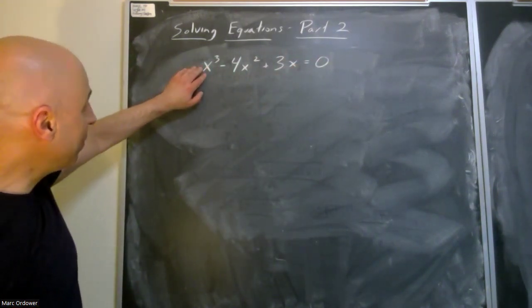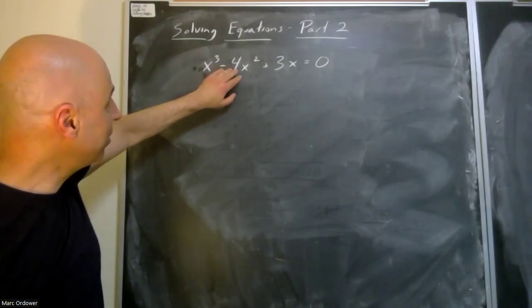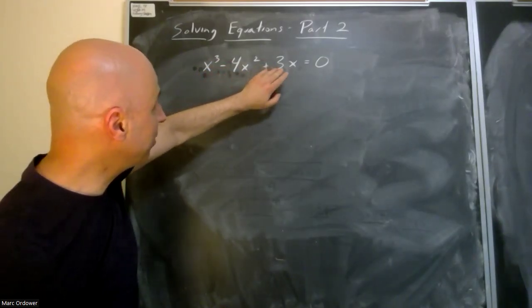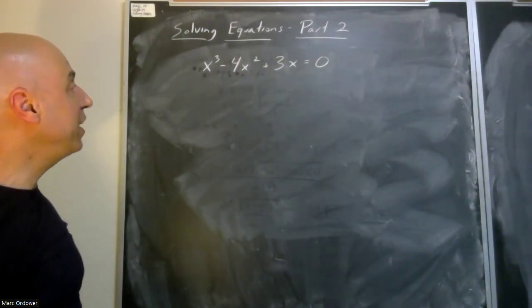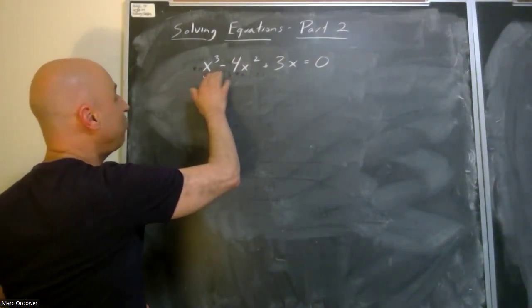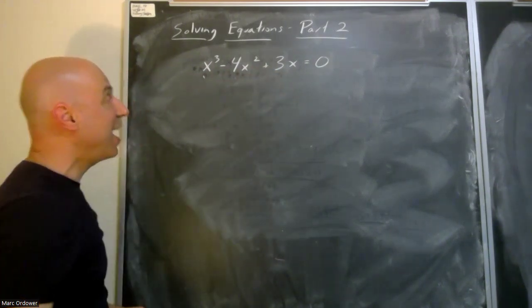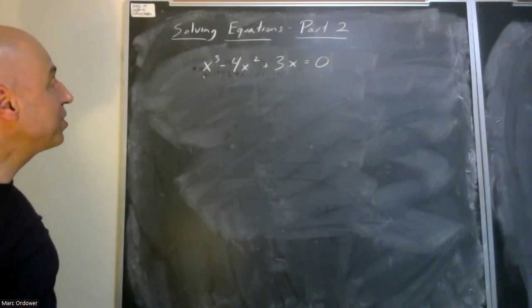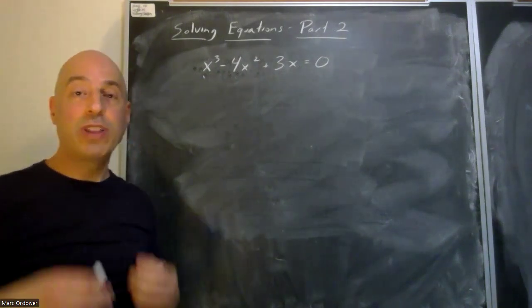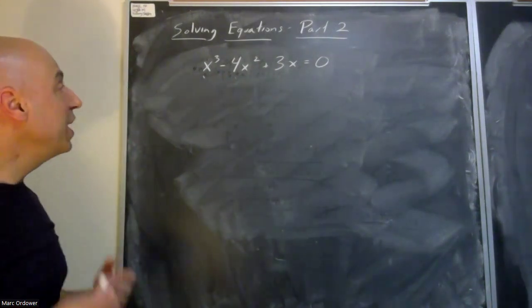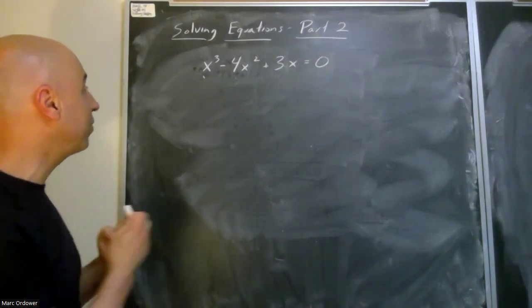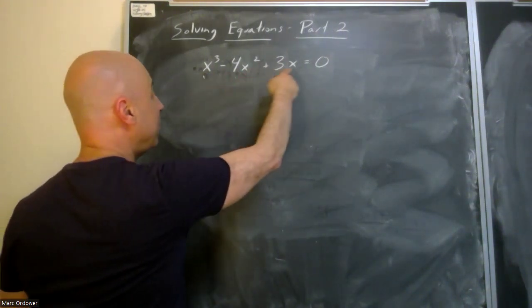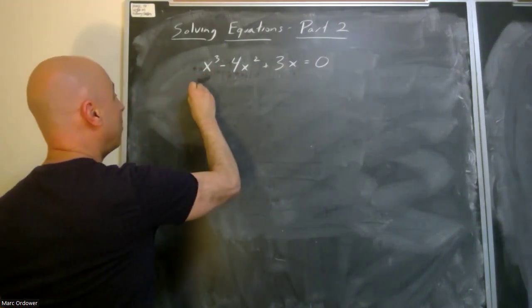I could have had a number times x cubed plus or minus a number times x squared plus or minus a number times x plus or minus just some number by itself, but I don't have that right here. What that means is each term, and there are 3 terms here, has an x in it. And so the simplest kind of factoring, the first one you always look to, is common factor. And every term has the same thing in it. You can pull that out. So we have an x here, an x here, an x here. I can pull that out.